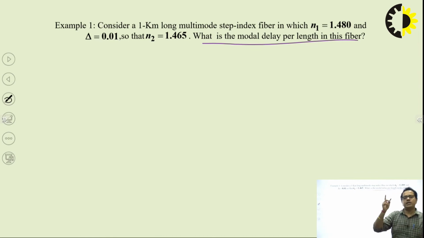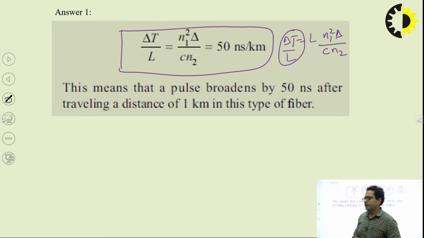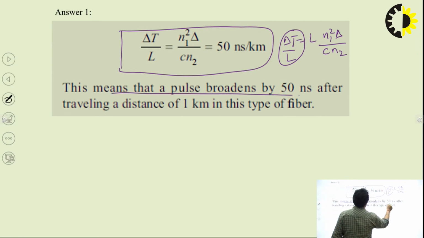So if it is per length, you have to divide that delta t by L, that is length. So it will become delta t by L. We are already provided with all the parameters, n1, delta and n2. So if you are provided with all the parameters, you can directly calculate the result and find the pulse broadening. So we got that 50 nanosecond is the broadening of a pulse.